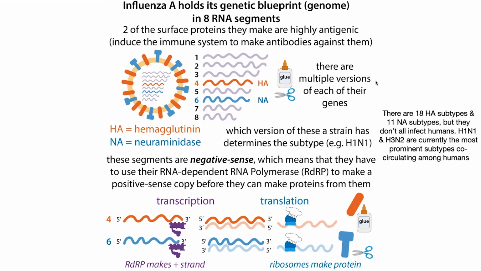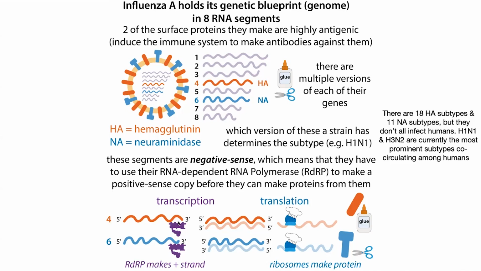These strands are negative sense. This means that in order for our bodies to make proteins from them, you need to make another copy of them. In our bodies, typically we have a gene in DNA, and then you make a messenger RNA copy of that, and then you make a protein from it.